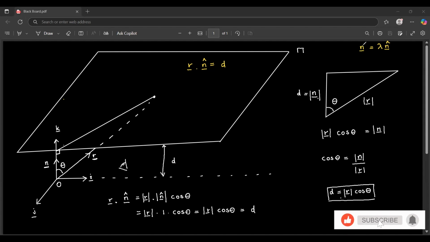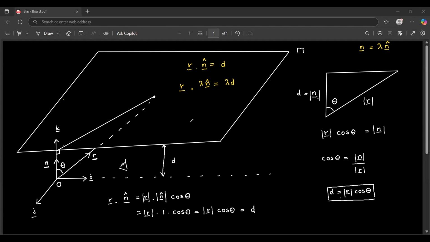It can have any magnitude, such that lambda is a parametric value. So I can rewrite this as r dot lambda n is equal to lambda d, where lambda d is a parametric value. So this is how we come up with the equation r dot n is equal to d.